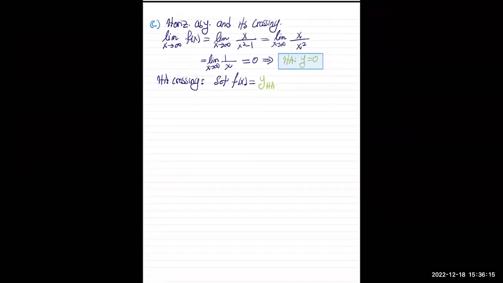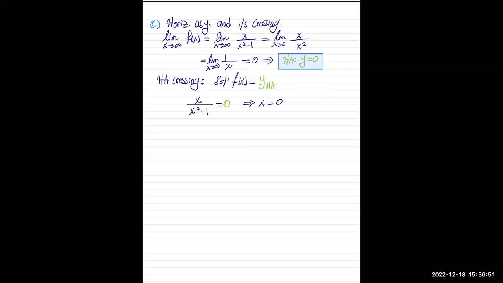The function is x over x squared minus 1. Set it equal to 0. That's the horizontal asymptote. Again, we have a fraction that's equal to 0. You can just put this x squared minus 1 in front of 0, and you're going to end up with x equal to 0 anyway. Set the top equal to 0. You get x equal to 0.